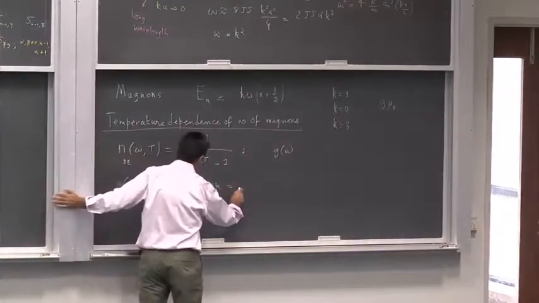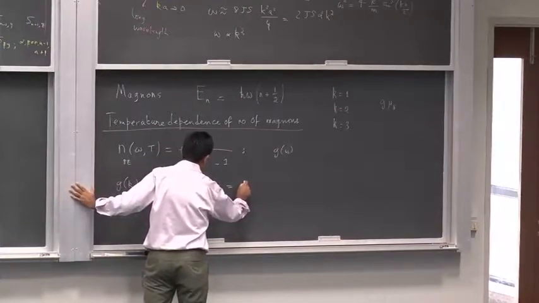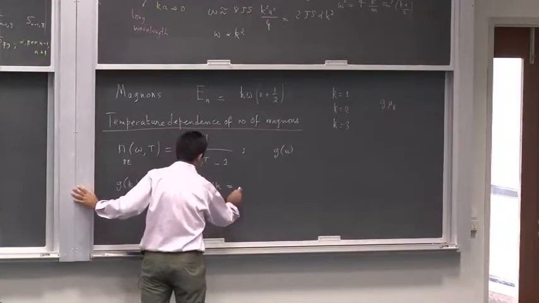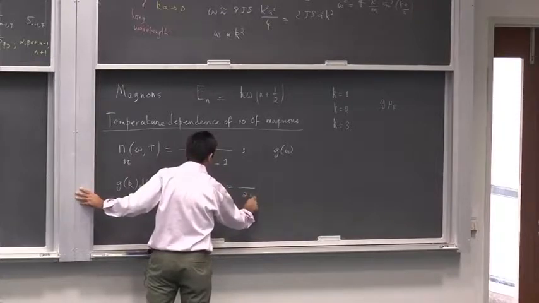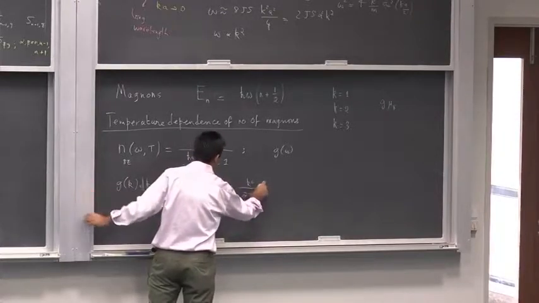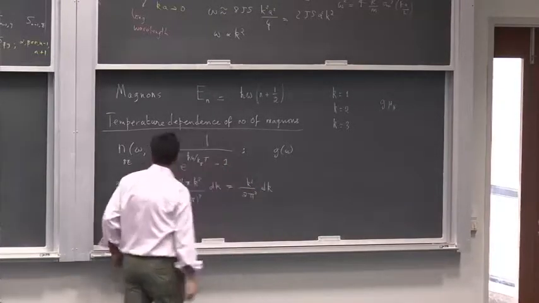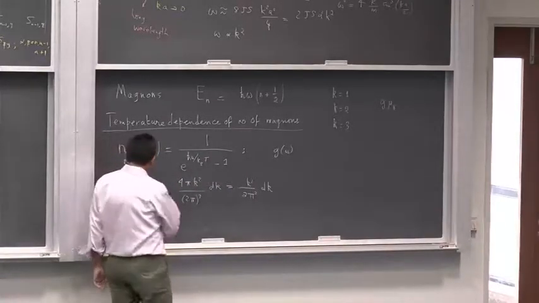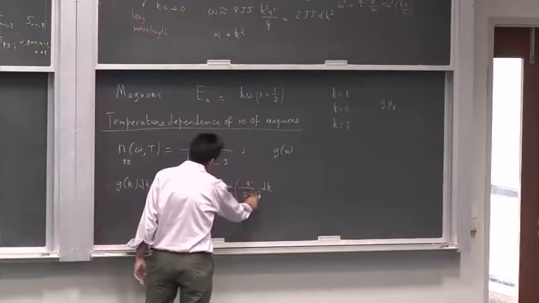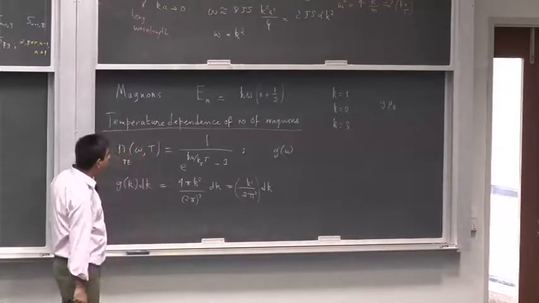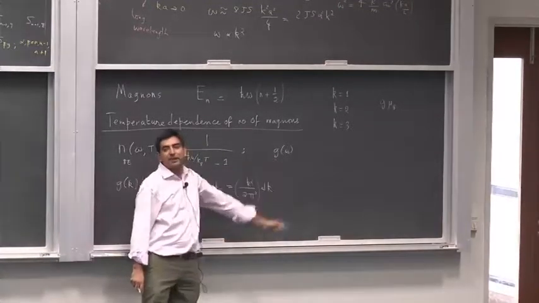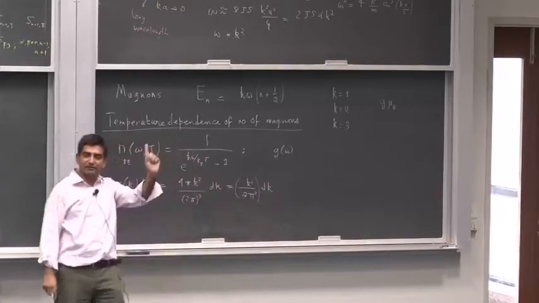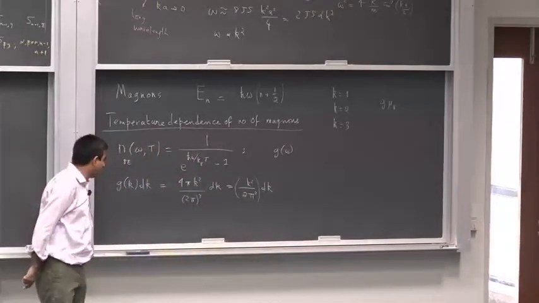So this is 4 over 8 pi cube, which gives k square over 2 pi square, dk. So for a 3D system, we know that g(k) is given by k square over 2 pi square. What we need to find out is g(omega) for magnons, the density of states for the magnons. Now how do we find that?